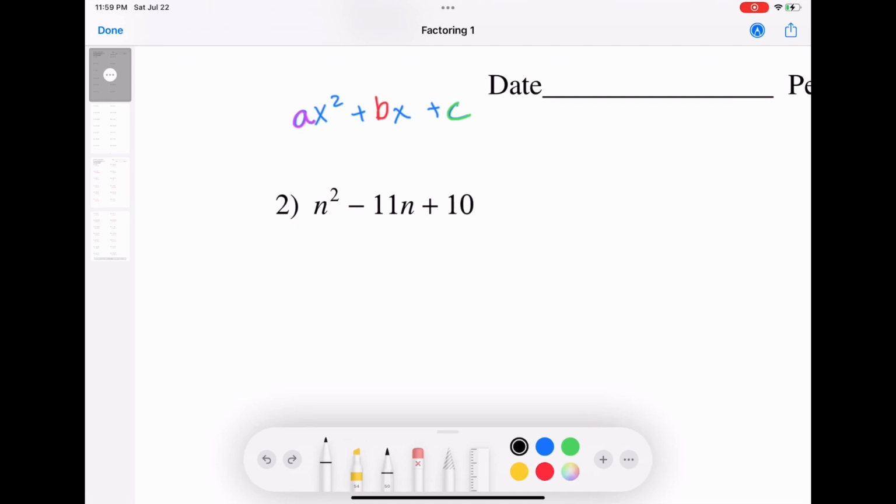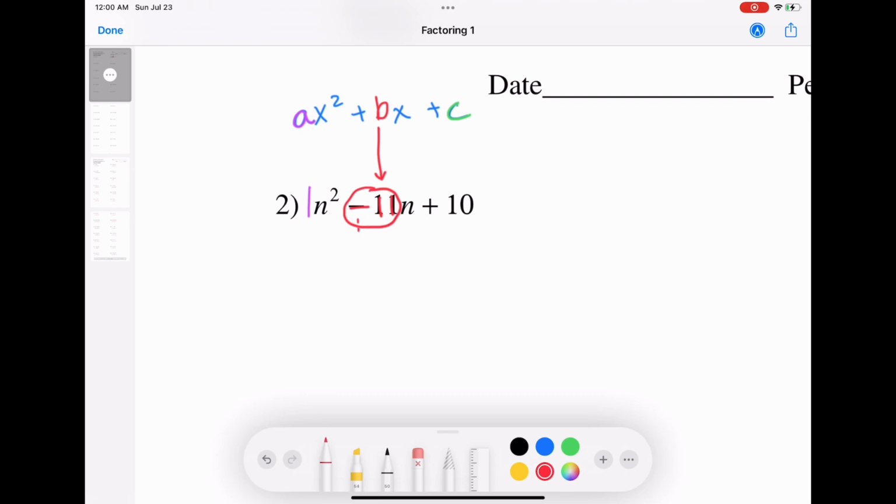So in this case, the trinomial that we have in front of us, the A term in front of that n squared is just an invisible 1. It's not really there, but we know there's only one n squared. And then the B term in this case is going to be the negative 11. So one thing that's really important to do when you're factoring is, when you look at the coefficients, like what's your B coefficient, in this case it's negative 11, use the sign with it.